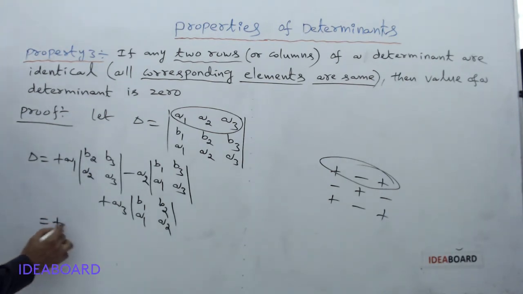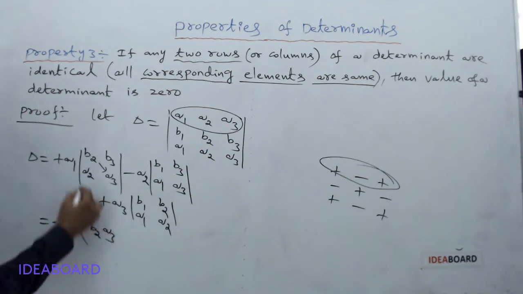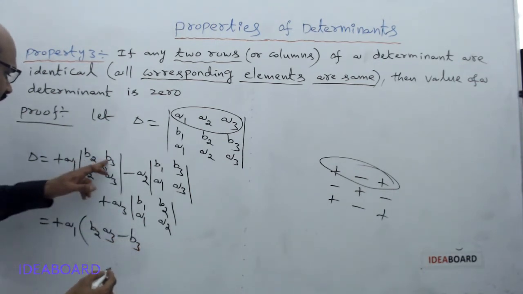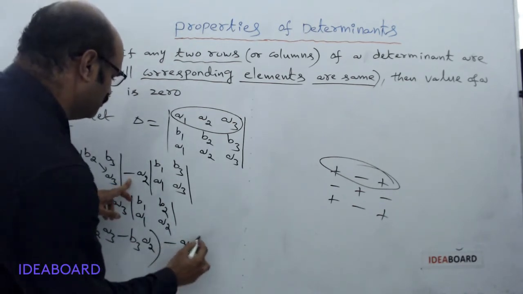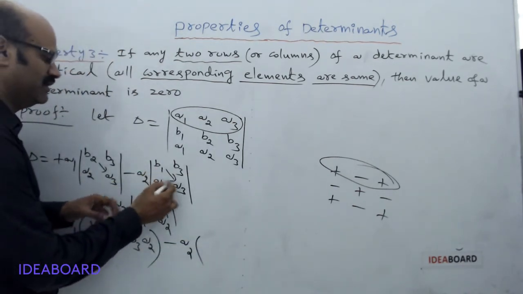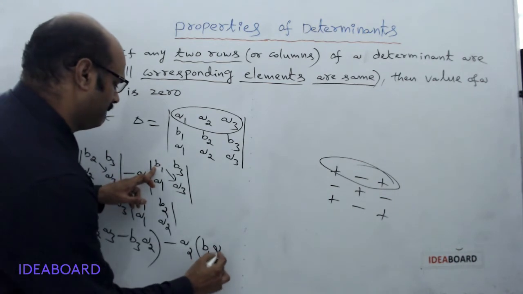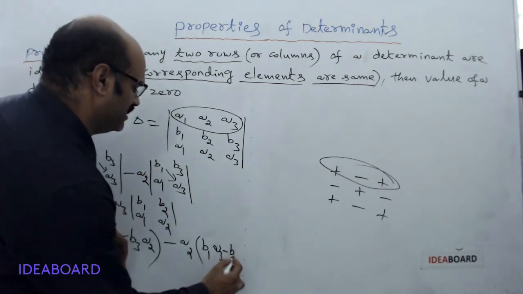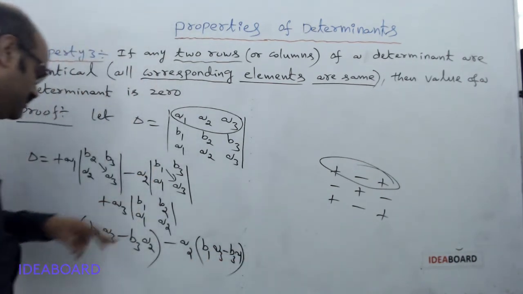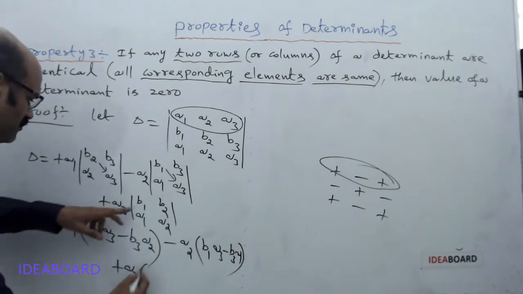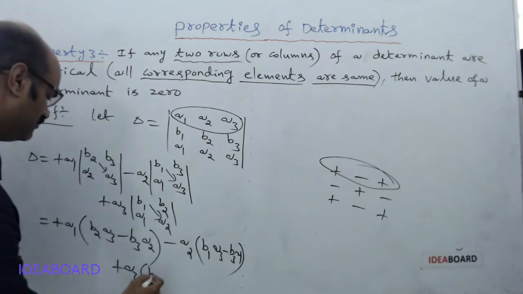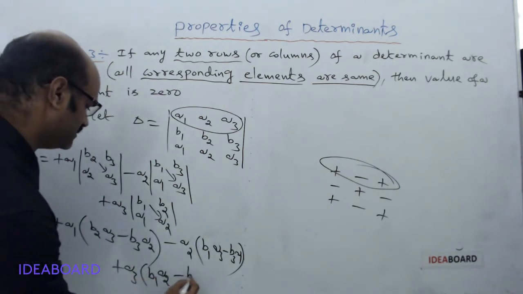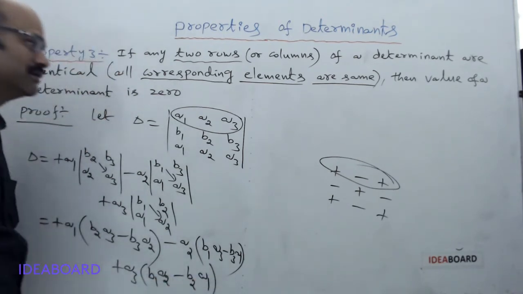Therefore, plus A1 into (B2 A3 minus B3 A2), minus A2 into (B1 A3 minus B3 A1), plus A3 into (B1 A2 minus B2 A1).